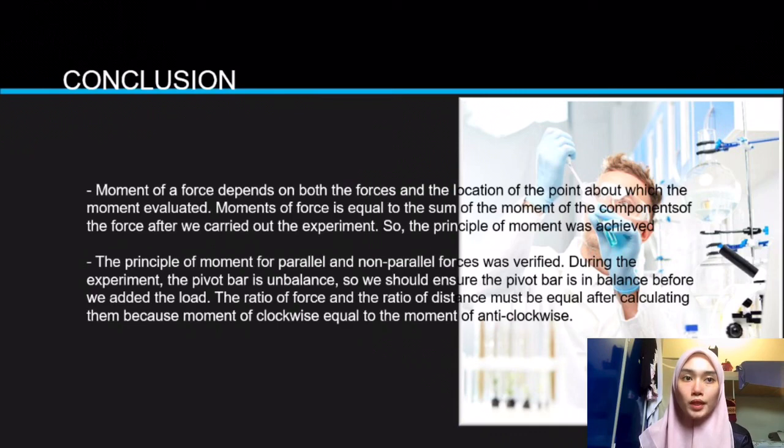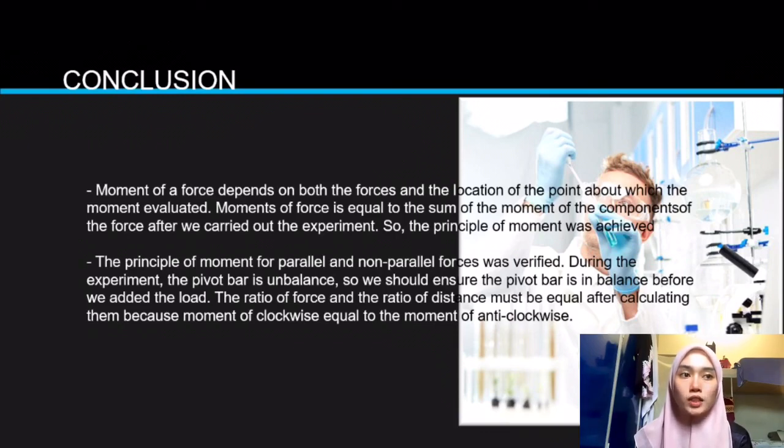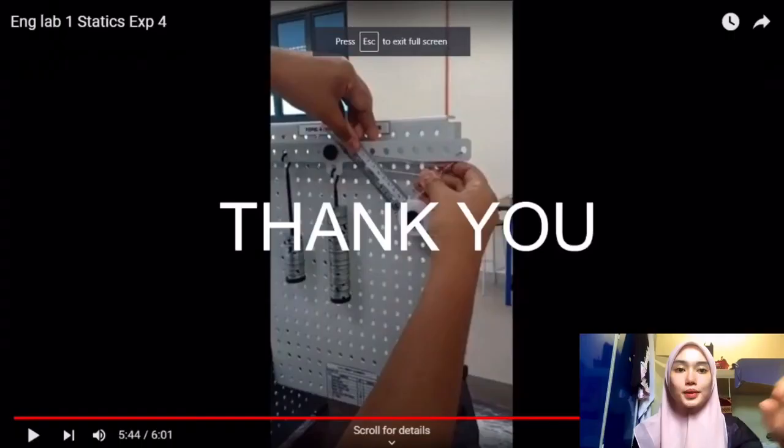During the experiment, the pivot bar was unbalanced, so we should ensure the pivot bar is balanced before we add the load. The ratio of force and the ratio of distance must be equal after calculating them, because the clockwise moment equals the anti-clockwise moment.